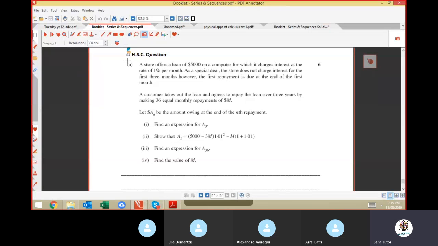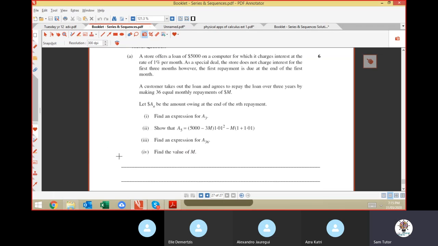So have a quick read. A store offers a loan of 5K on a computer for which it charges interest at the rate of 1% per month. As a special deal, the store does not charge interest for the first 3 months. However, the first repayment is due at the end of the first month. So what would A1 be?